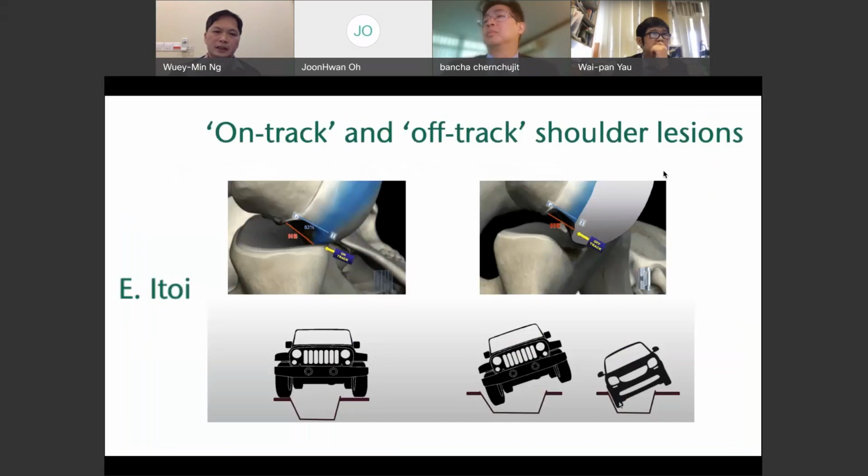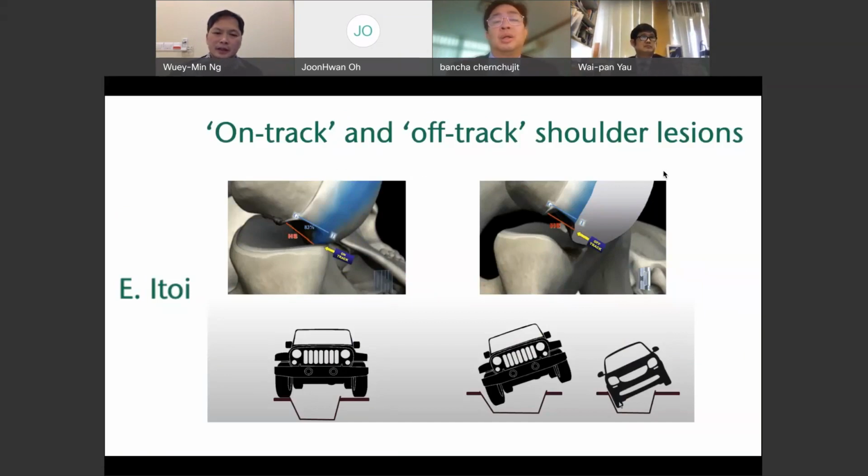So they came up with the concept of on-track and off-track. Glenoid bone loss is usually associated with mid-range instability, while the Hill-Sachs lesion is an end-range instability.